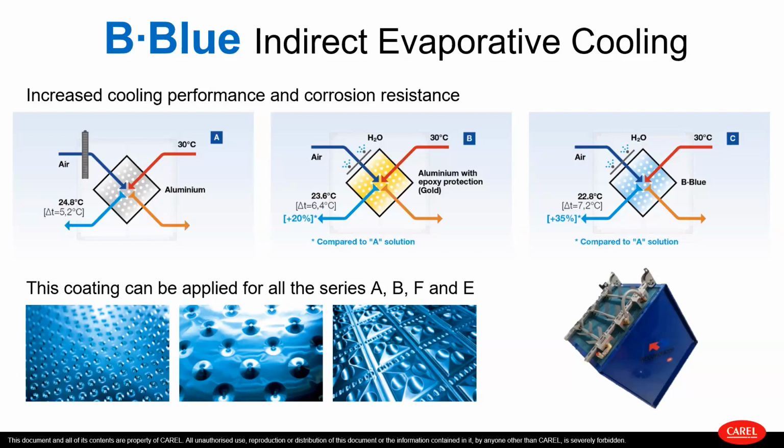This B-Blue, as you can see in these three pictures, is able to increase the performance by 35% compared to a standard solution with the wet pad, and 15% compared to a standard solution with the gold epoxy protection, which is the standard epoxy protection for the aluminum plates. The B-Blue coating is available, of course, for all our series, geometries and models, in order to support all these types of applications.